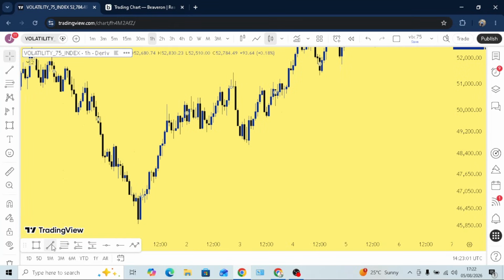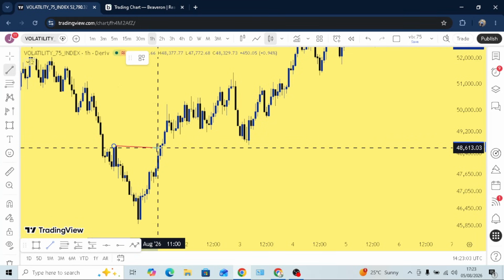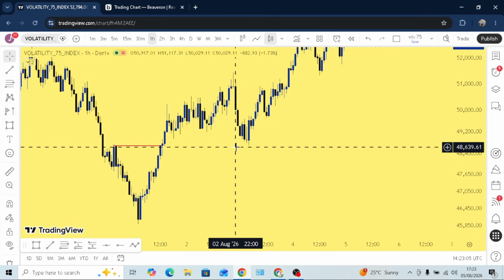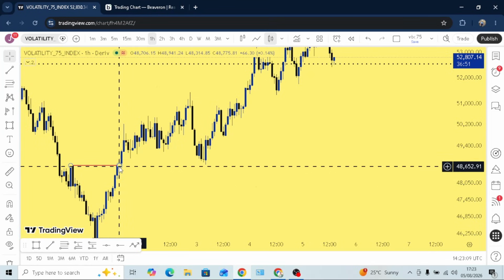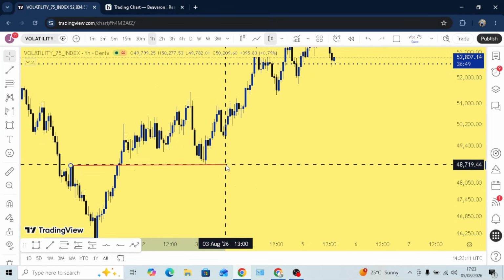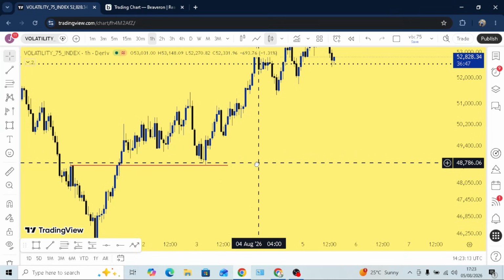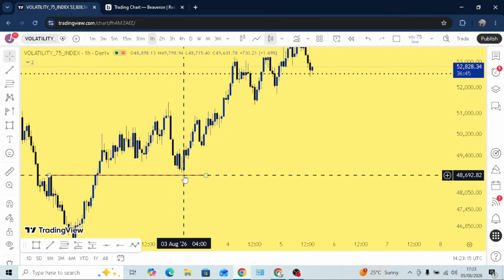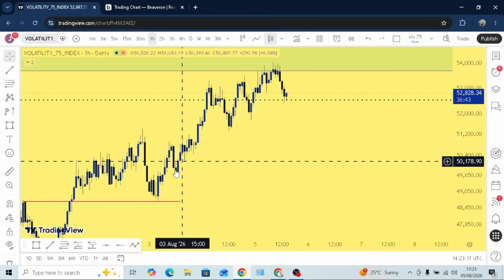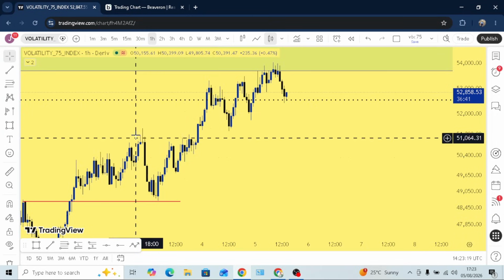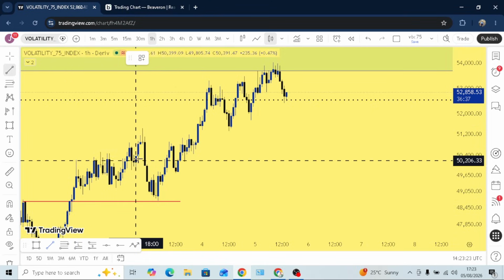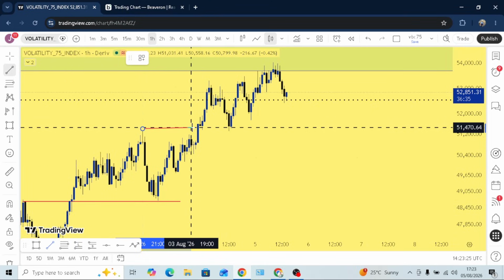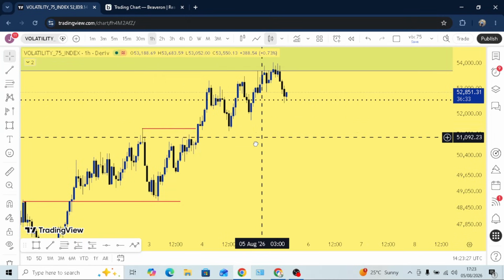So we got that break of that area, pushed higher, price came, mitigated back, a break and retest of that particular level. You can see we broke that high, came, retested, and ever since price has been moving on to the highs.